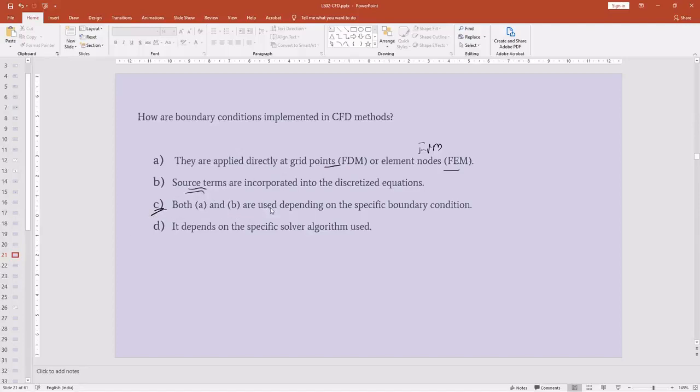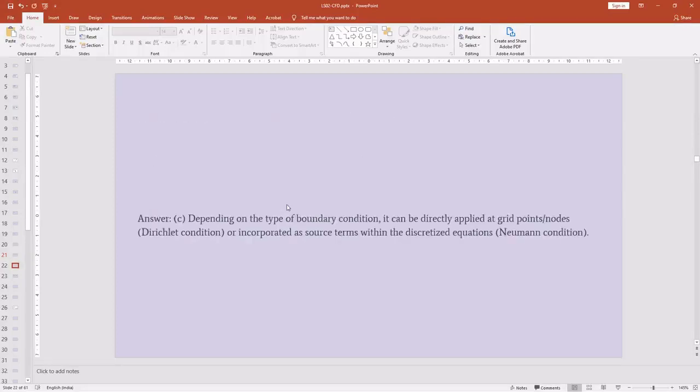We can use both boundary conditions, depending on the problem. I think in the last session I discussed what Dirichlet conditions and Neumann conditions are. Suppose this is a rectangular grid.